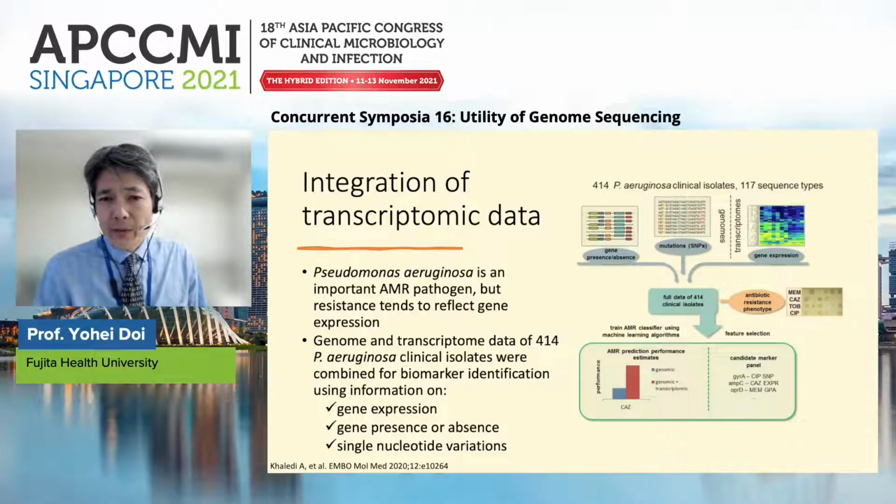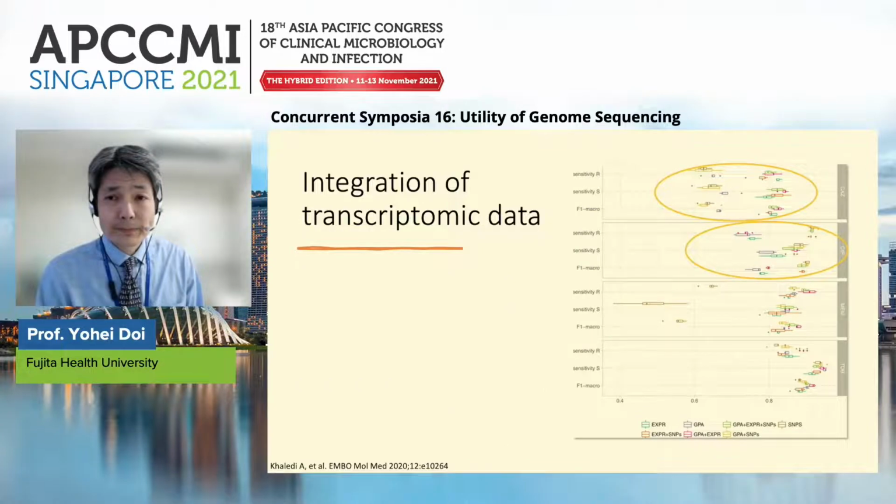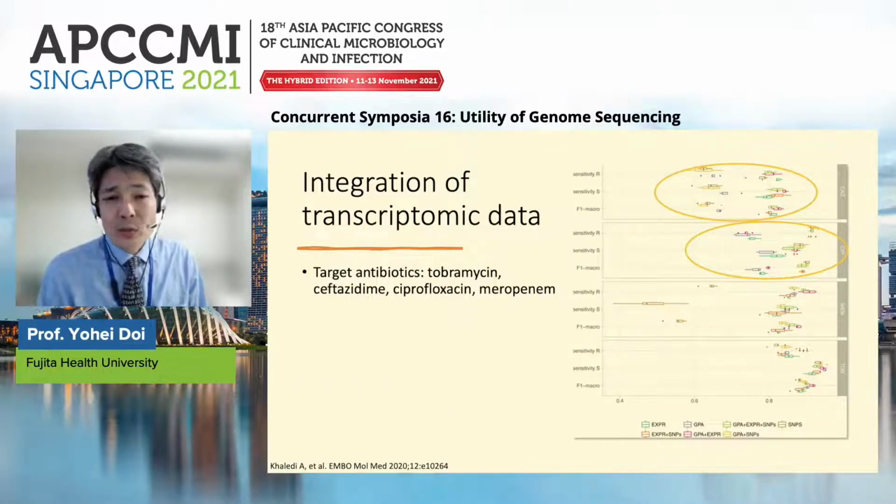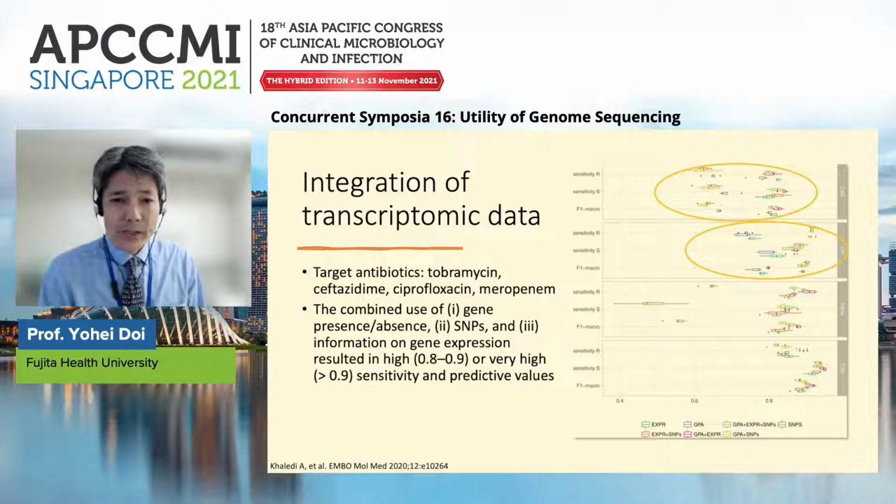So here, the researchers took genome and transcriptome data of just over 400 Pseudomonas aeruginosa clinical isolates and combined the data for biomarker identification, using information from gene expression, gene presence absence, and single nucleotide variations. And the target antibiotics were tobramycin, ceftazidime, ciprofloxacin, and meropenem, which are commonly used antibiotics against infections caused by Pseudomonas.